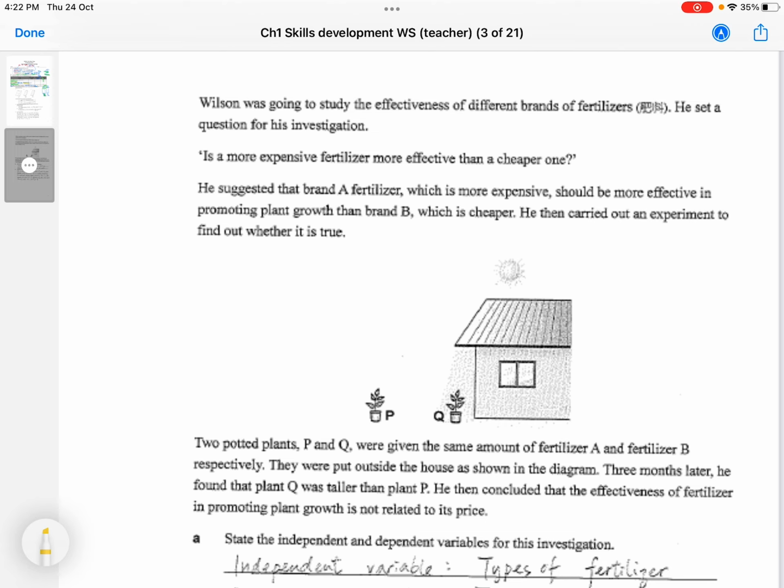Wilson is a guy, this time want to study the effectiveness of different brand of fertilizer. 呢個呢係佢想研究嘅嘢嚟嘅，係嘛？佢想研究邊種牌子嘅肥料，係嘛？牌子嘅肥料點樣樣啊？佢嗰個嘅有效程度 is effectiveness.